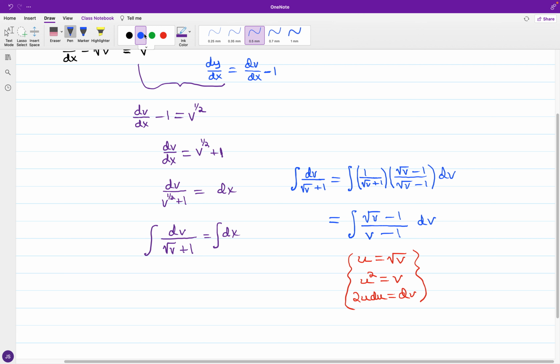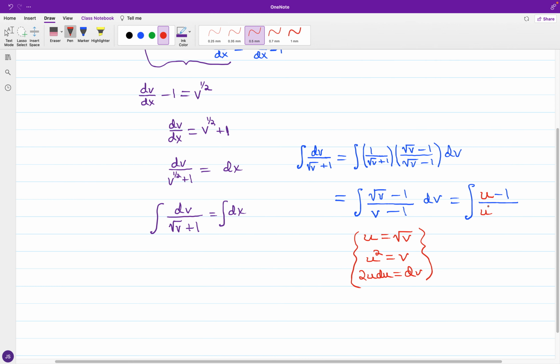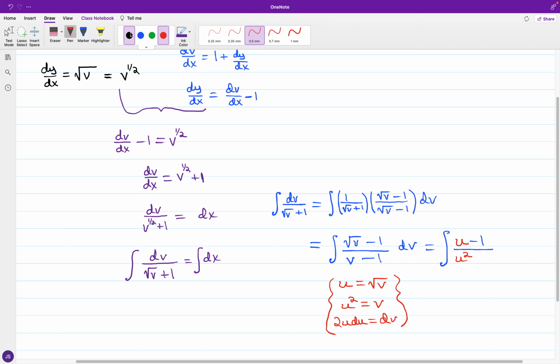And taking what I have in the rewritten integral statement, I got the integral of u minus 1 all over u squared minus 1, and for dv I have 2u du.